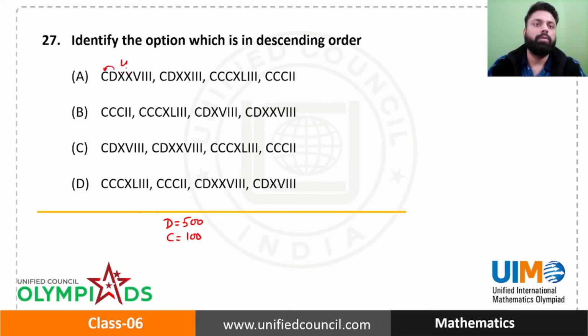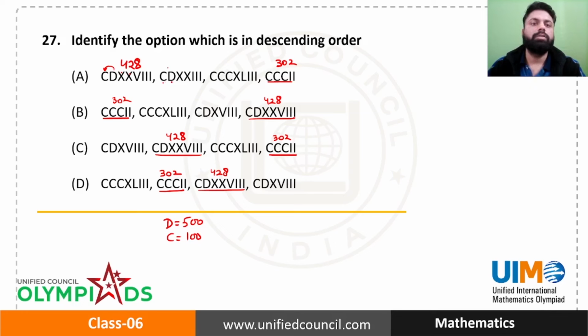So this is 428. CDXXVIII is 428. CCCII, so this is 302.